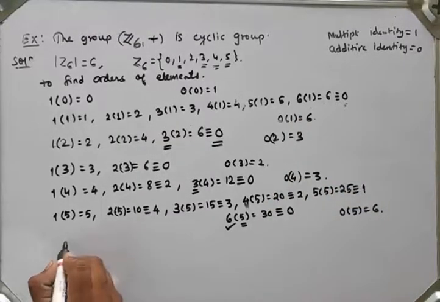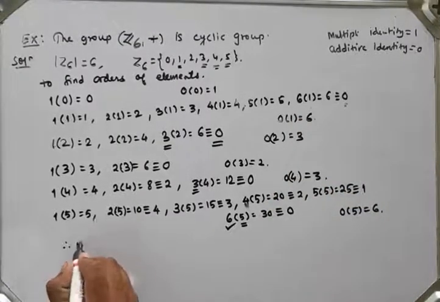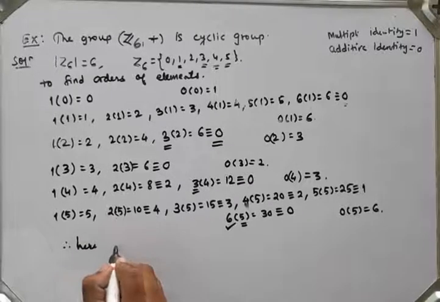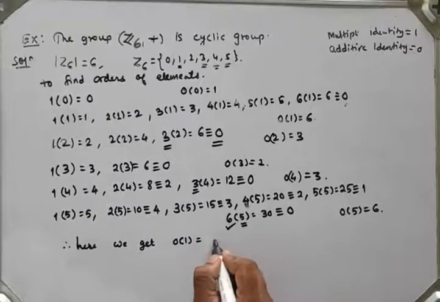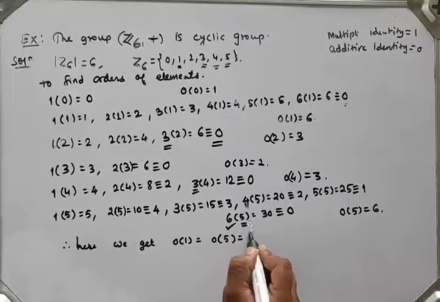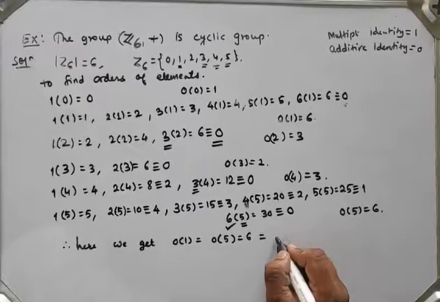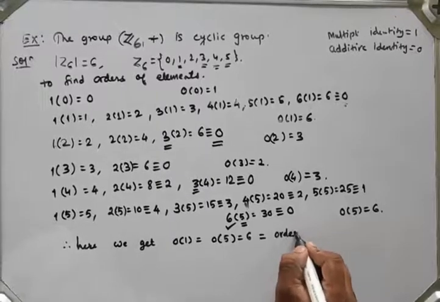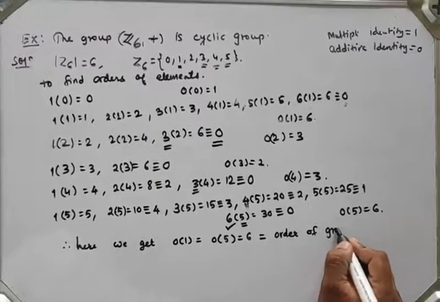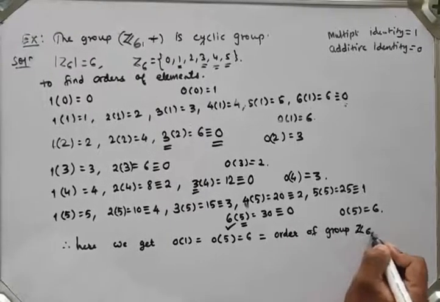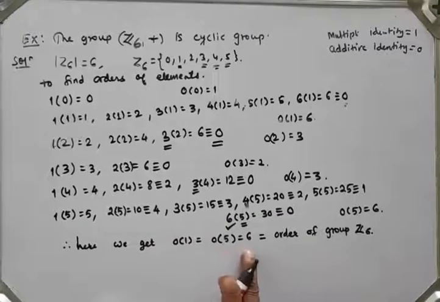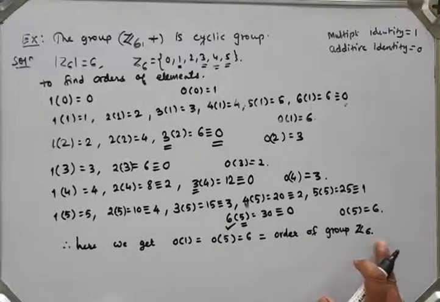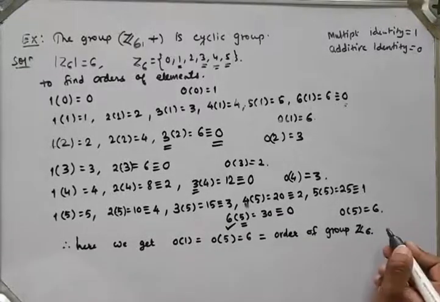Therefore we say that the order of 1 is equal to the order of 5, which is equal to 6, which is the same as the order of the group Z6, right? Which is 6.